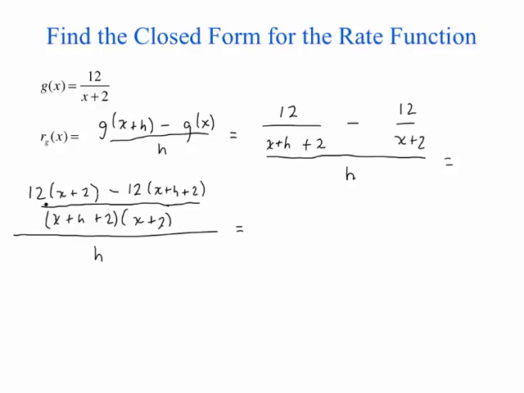Okay, so now I can simplify this numerator. I got a 12x and a minus 12x. I got 24 and minus 24. So all that's left here is negative 12h. And I'm just going to leave this as it is. I'm not going to multiply that out. You can thank me later.